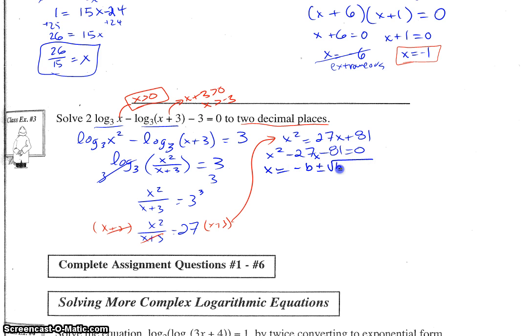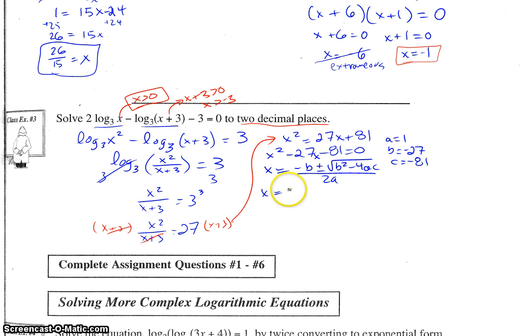-b plus or minus the root of b squared minus 4ac, all over 2a. Our a is the coefficient in front of x squared, that's 1. Our b is the coefficient in front of x, which is -27. And our c value is the constant term, which is -81.